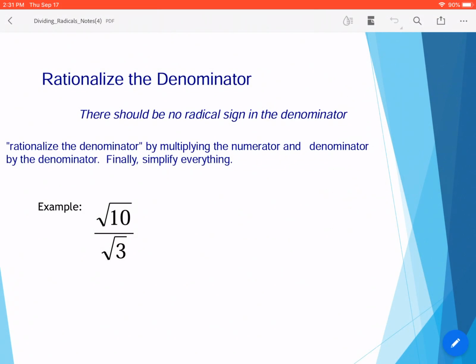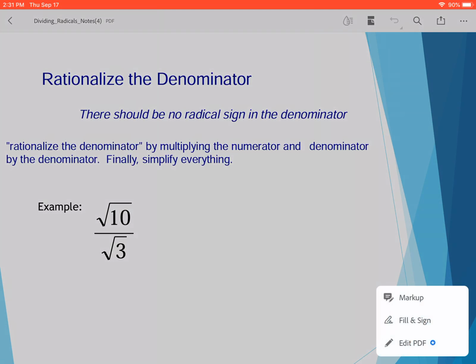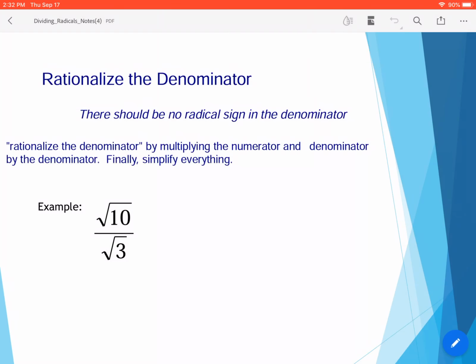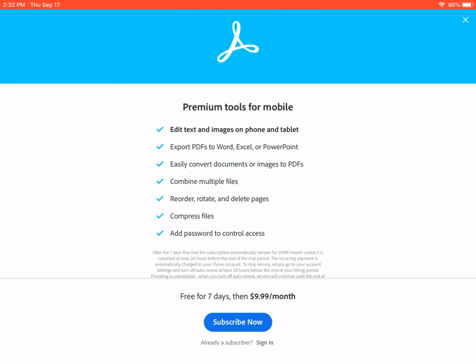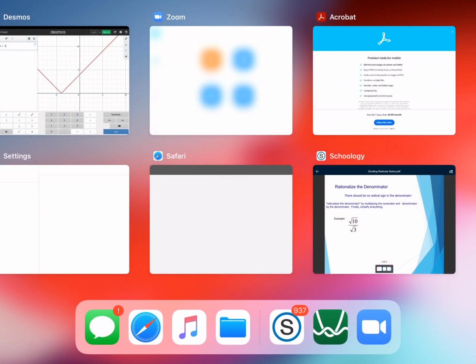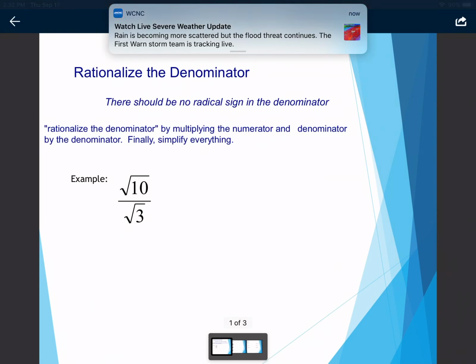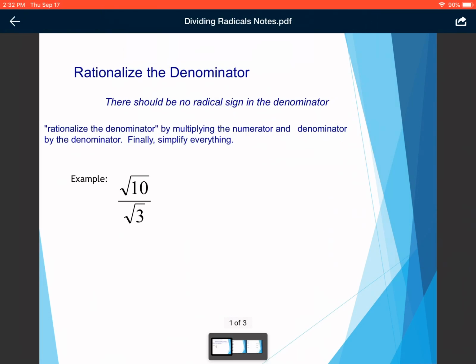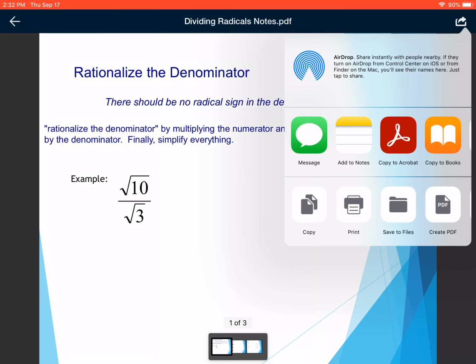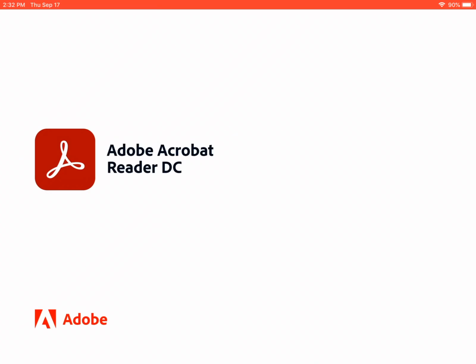Okay, the number one thing with dividing radicals is you cannot have a radical denominator. So if you cannot have a radical denominator, then we have to be able to get rid of this radical 3.